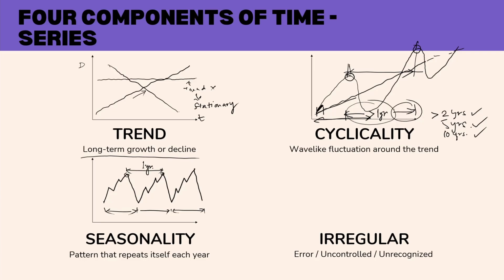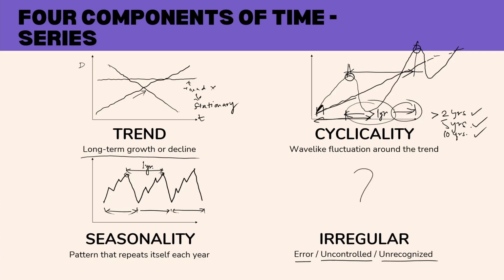And what is irregular variation? If you take out trend, cyclicality and seasonality from the time series data, then what remains is the irregular variation. You cannot model it in any case, because it is not in your control, it is uncontrolled. You can say it is an error or unrecognized, because you do not have any processing power or capability to understand what is going on beyond these three: trend, cyclicality and seasonality.